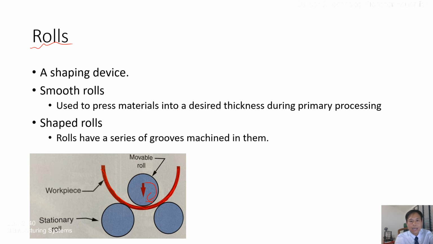So let's just say I have this object, and then we have three rollers, and we push this object between the rollers. The rollers are rotating and make a thin metal sheet. That's the common process of rolls.